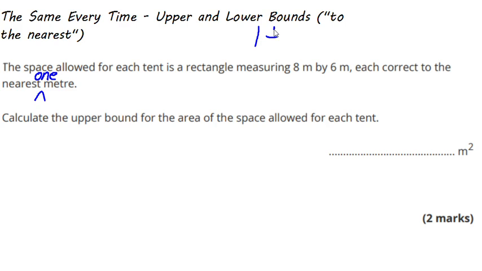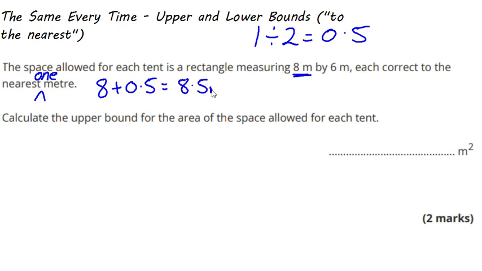So we take the thing that we've rounded to, the nearest 1, we divide it by 2, that gives me 0.5. So if one of my sides is 8 meters, the upper bound for that side would be 8 plus 0.5, which is, of course, 8.5 meters.